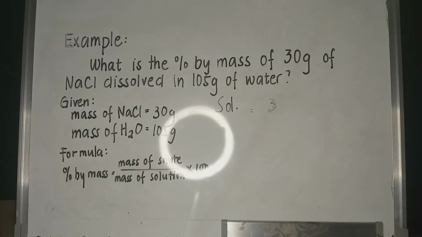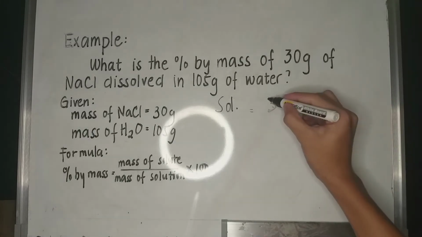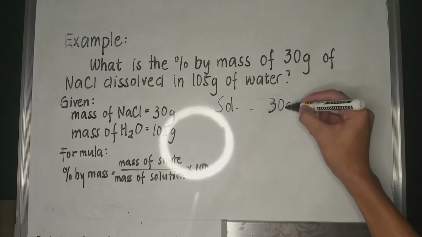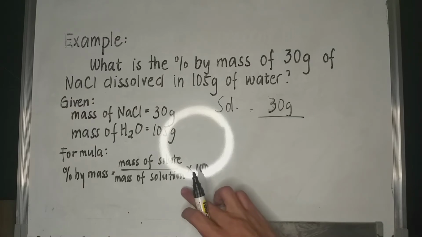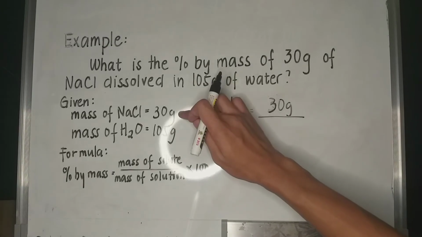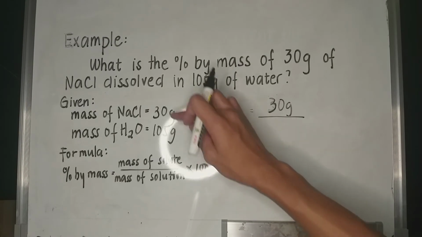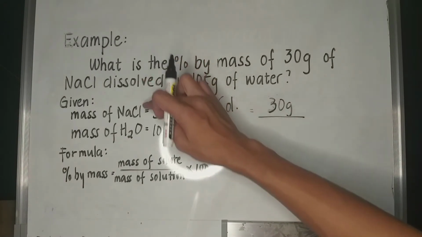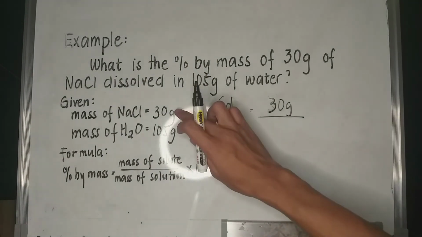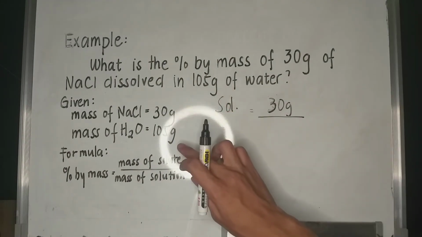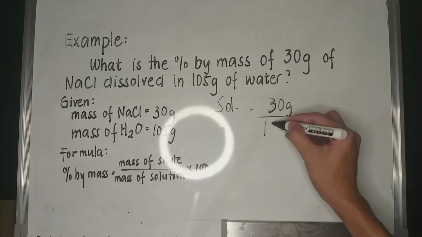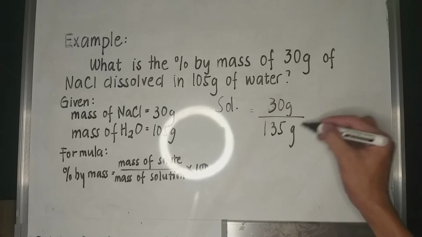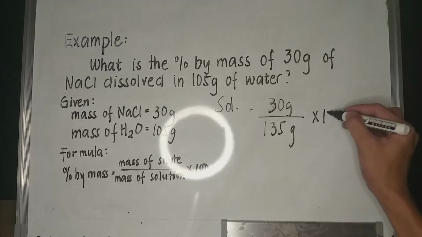So 30 grams divided by, what is the mass of solution? We can get the mass of solution by combining the mass of solute and mass of solvent, which is the sodium chloride and water respectively. So 30 grams plus 105 grams equals 135 grams, times 100.